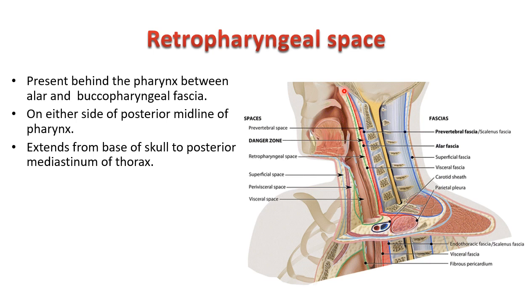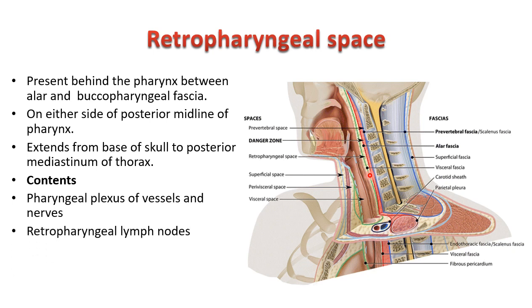From the base of skull, it extends to the posterior mediastinum. You're able to see, so it is extending into the posterior mediastinum. So main contents of this space will be your pharyngeal plexus of vessels and nerves, pharyngeal lymph nodes, retropharyngeal lymph nodes, and then loose areolar tissue.